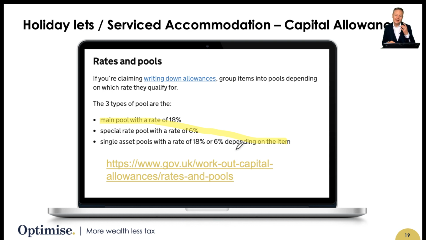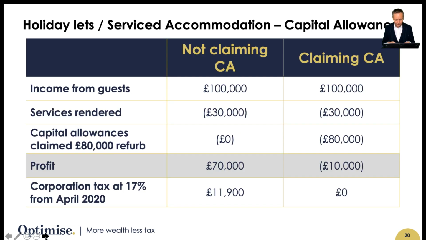But for my money, an annual investment allowance claim is far better because you can offset the full cost of that development work against your income, provided that you work with a tax-savvy accountant and indeed the capital allowances company called Six Forward. And again, the URL for the pool charges is there.